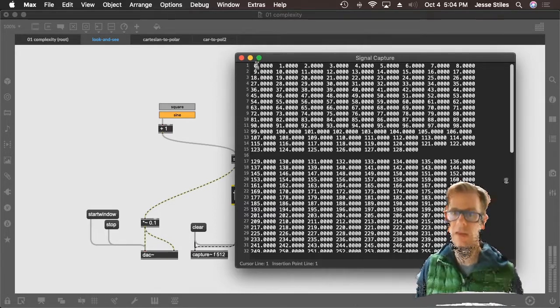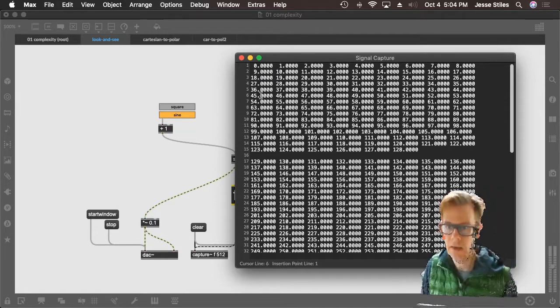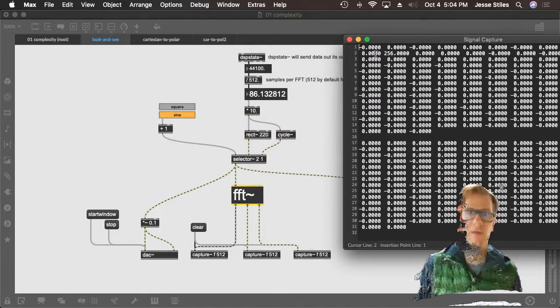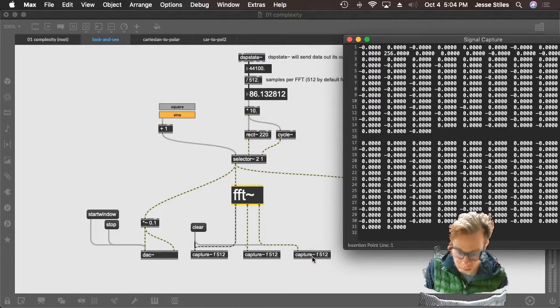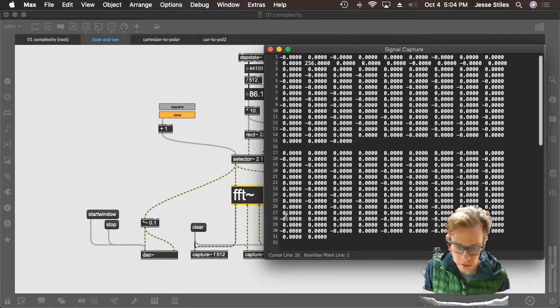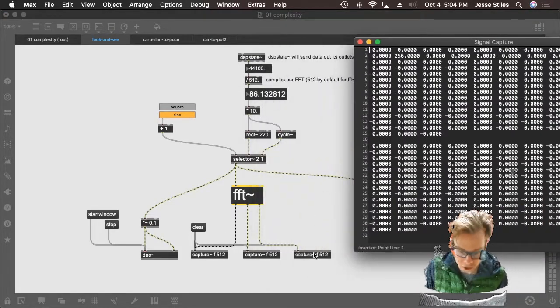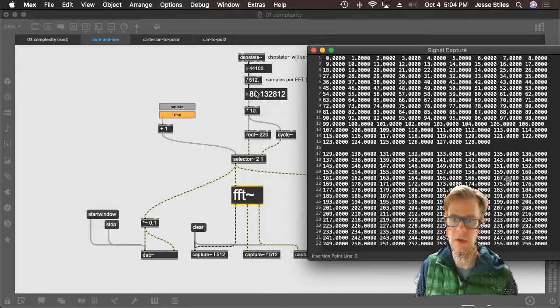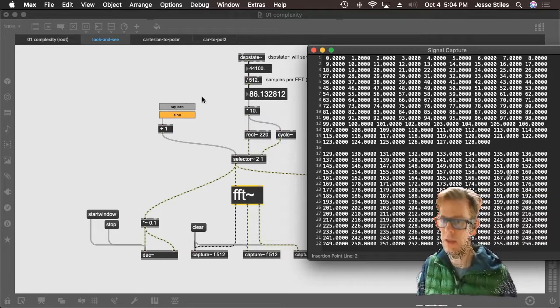So we have bin 0, bin 1, bin 2, bin 3. So these other values, we can figure out what part of the signal they are by looking at this. That non-zero value was at position 10, frequency bin 10, and we know that it's going to be the 10th multiple of the fundamental frequency of our FFT.